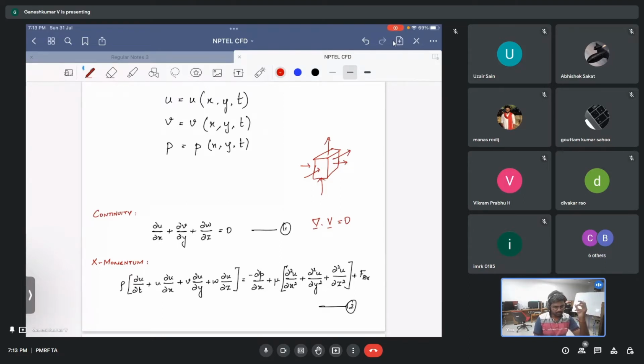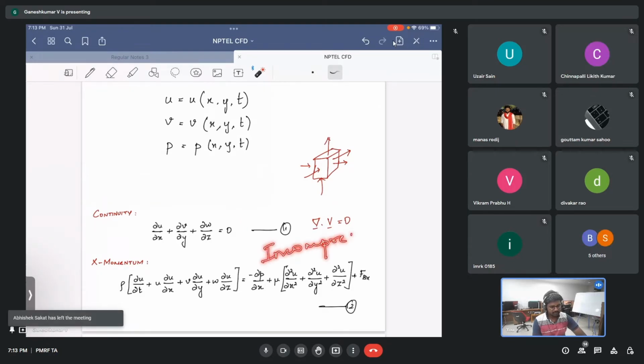So here we wrote a different formulation of the continuity equation. It's the vector form of this equation. These two equations are for incompressible flows only. When I say incompressible, what I say is the total deformation of any control volume is going to be zero.